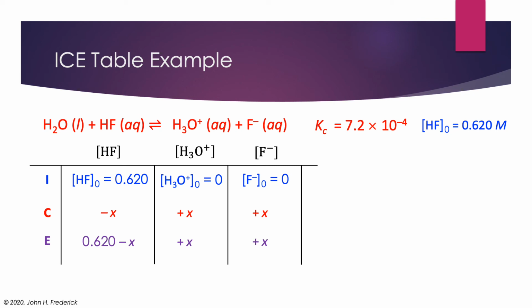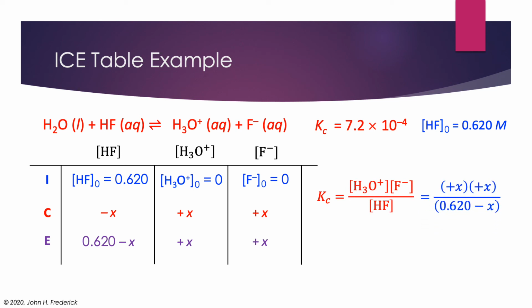Now you can see this is a much simpler expression than the ones I had on the previous slide. So when I write the expression for the equilibrium constant here and then convert it using those concentrations listed in the E row of the ICE table, it's not so bad. It's x times x divided by 0.62 minus x.